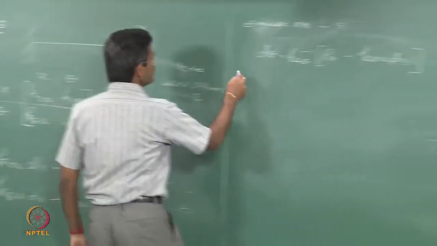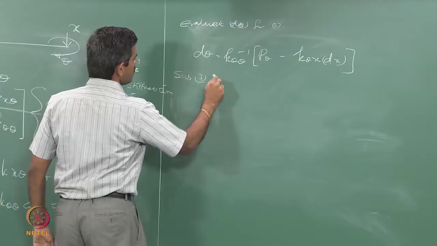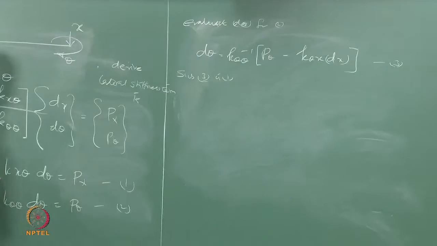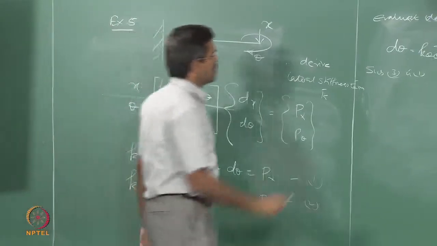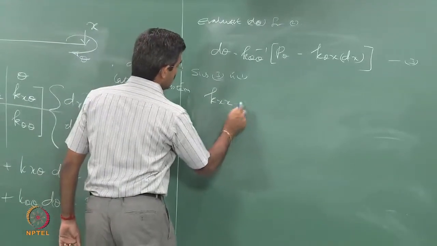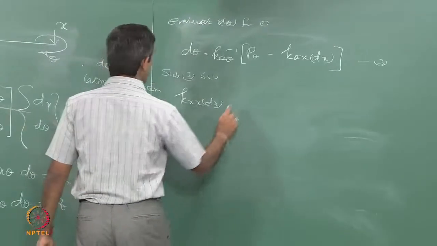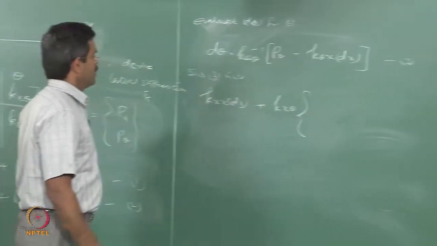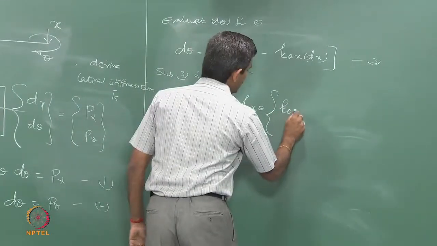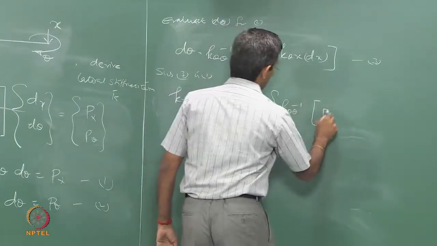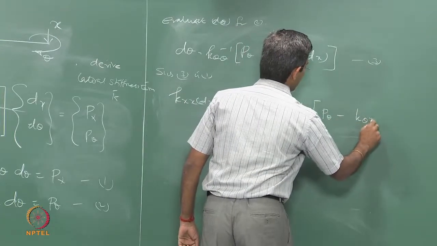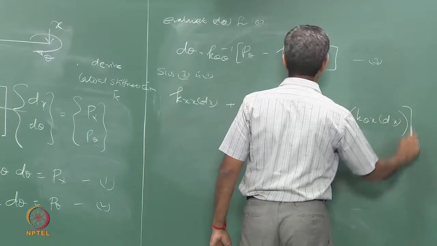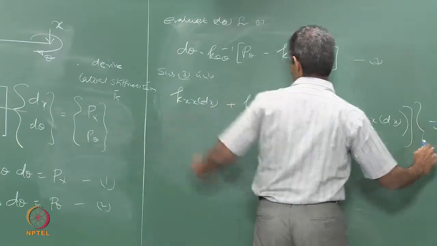So, substitute 3 in 1. Kxx dx plus Kx theta, K theta theta inverse, of P theta minus K theta x dx, is Px.